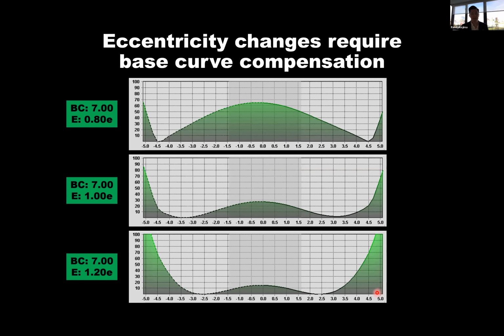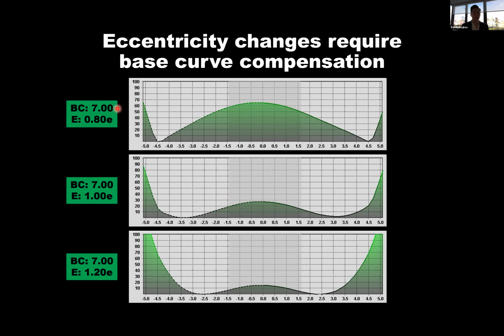Now, one of the things that you need to understand with a lens that has a high eccentricity back surface, if you change the eccentricity, then you're going to have the height of the lens change. And you can kind of see that here. All 3 of these theoretical fits are a 7 millimeter base curve, a steep base curve. I think that's about a 48 diopter radius.